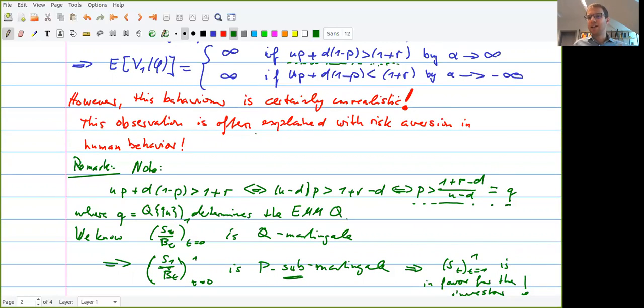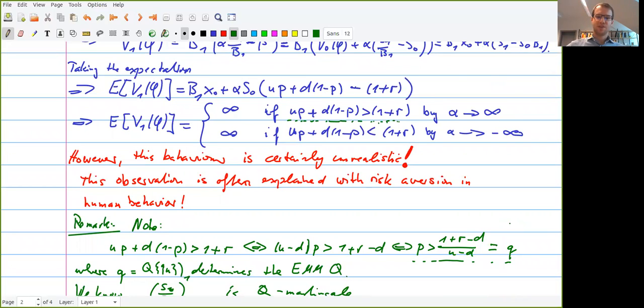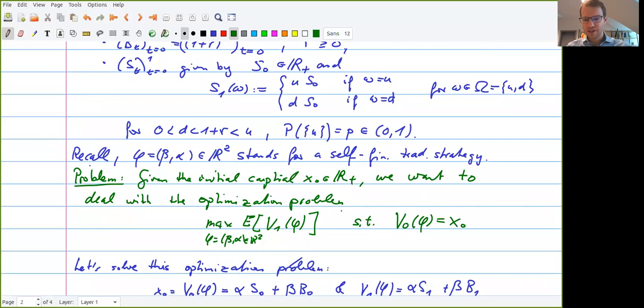So you see, this little calculation has a deeper meaning for the underlying model, because it relates to the idea of martingales describing the underlying market. But the main message here is that if I want to consider this naive maximization problem, where I just maximize the terminal wealth of my investment, that's degenerate. This is also unrealistic, so this is not the right formulation of the problem.